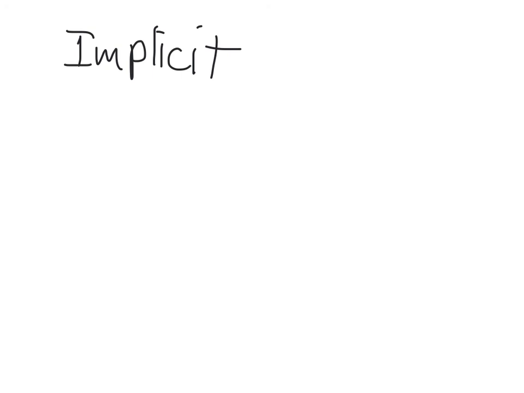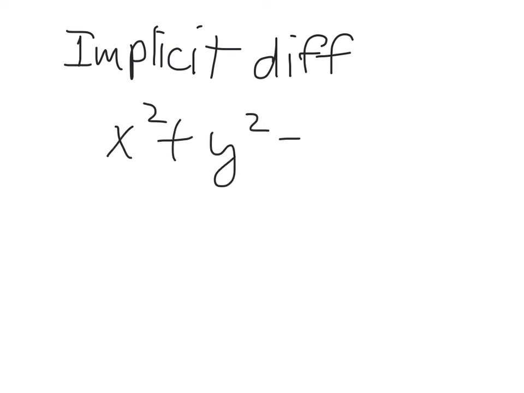So kind of the normal order. Given something like this, okay, we don't have to explicitly solve for y and then take the derivative. We can use our derivative properties and be able to use the implicit differentiation to find dy by dx.